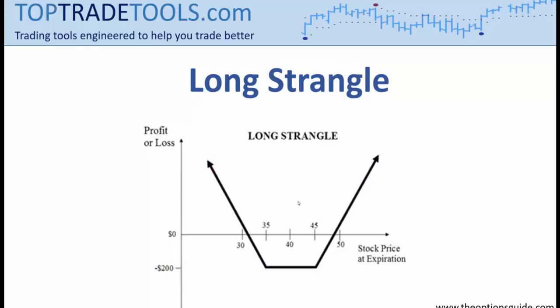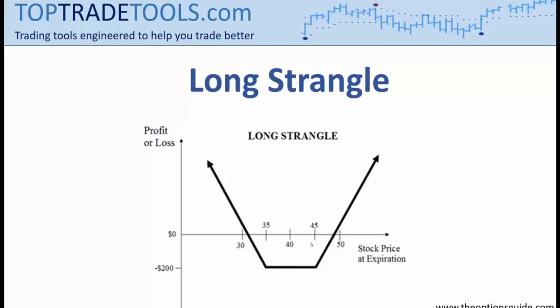Now, I'm not necessarily a big fan of the long straddle strategy in the case of the compression setup. So I'll tell you why. Because with the profitability graph, you're not seeing a lot of movement until the market actually moves beyond your strike prices.